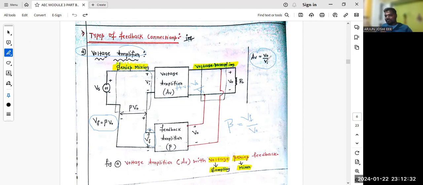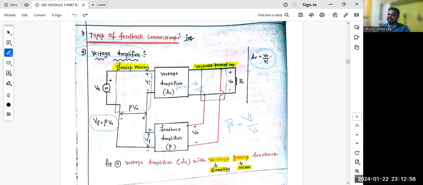How do we need to connect the mixer on the input side, VI? When voltage is there, we need to connect in series. If there was current on the input side, we would need to connect in shunt. But here voltage is there, so series. You need to remember: mixer series. On the output side also voltage is there, but the sampler needs to be connected in the form of shunt.